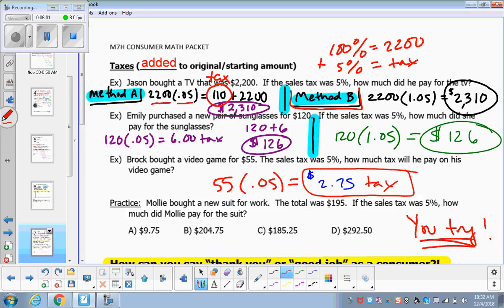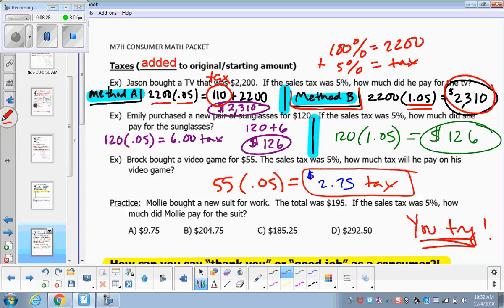So all I'm doing over here is multiplying by 105% as a decimal, and that adds in the tax for me to get the actual price of the TV. It doesn't matter to me if you want to use method A to find the tax first, then add it, or method B, where you're just multiplying by 1.05, which already adds in the tax for you.